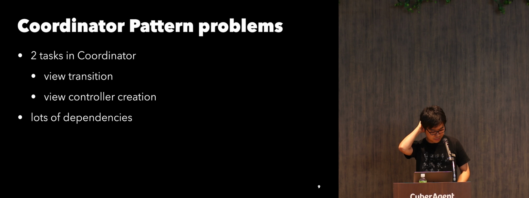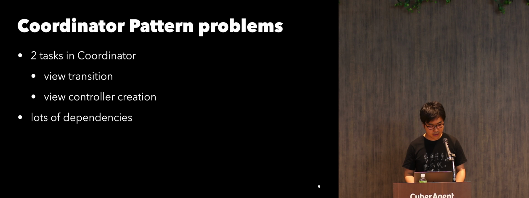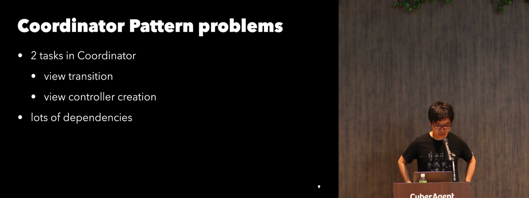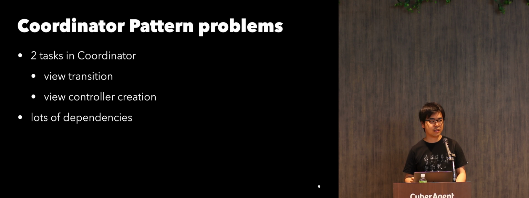So I was using this pattern very much, but I faced some problems here. Usually, the coordinator does the transition. It means that the coordinator needs to create the view controller. So there are two tasks in the coordinator: view transition and view controller creation. And because it needs to create the view controller, it needs many dependencies to make that, like some managers or clients.